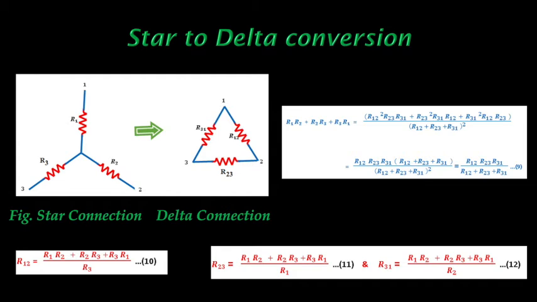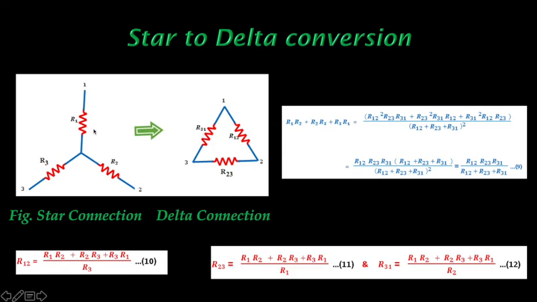Then dividing equation 9 by equation 7, we get R12 equal to this value. Similarly, we get R23 equal to this and R31 equal to this value. That means R12, R23, R31 are the delta connected resistances.